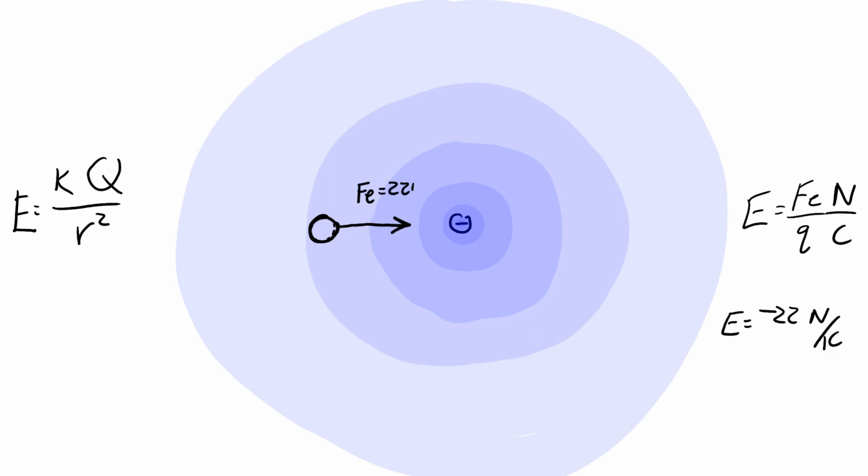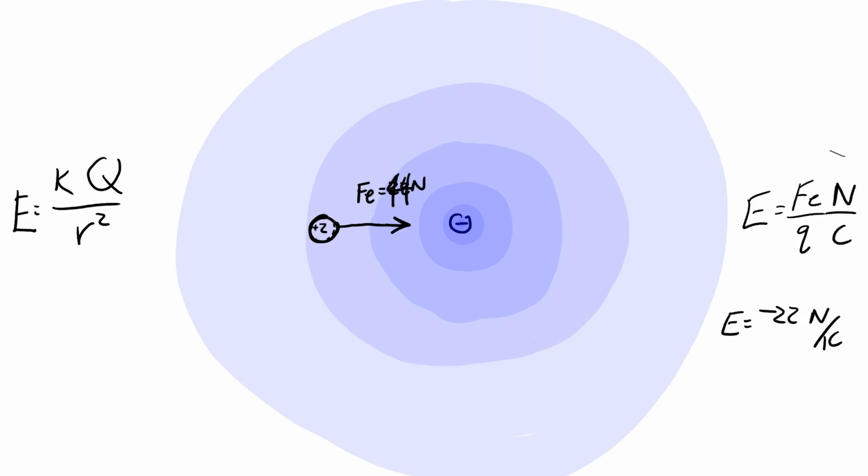It's 22 newtons if this is positive 1 coulomb. However, if this was 2 coulombs of charge, then it would be a 2 down there. In order for the field strength to remain the same, I would have to make this 44. So this would be 44 newtons of force.